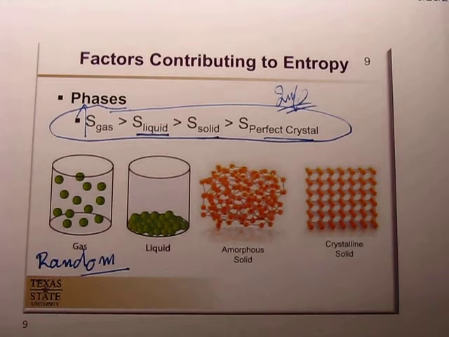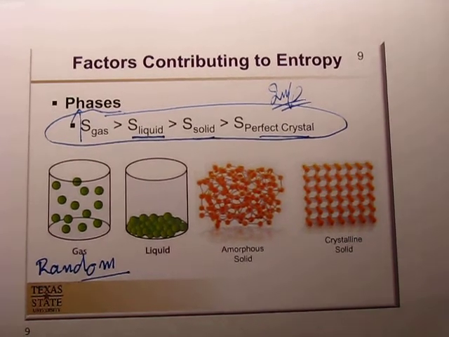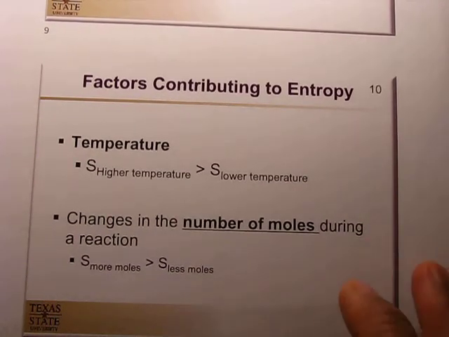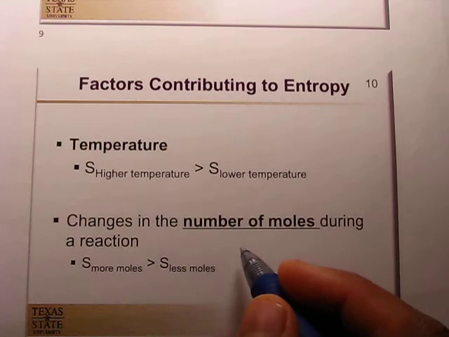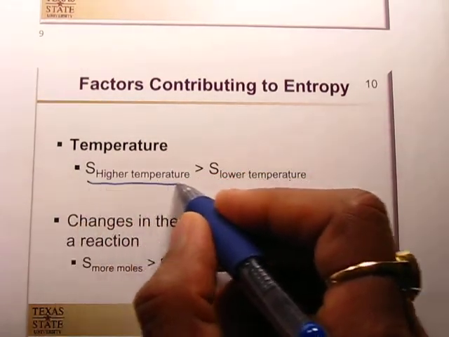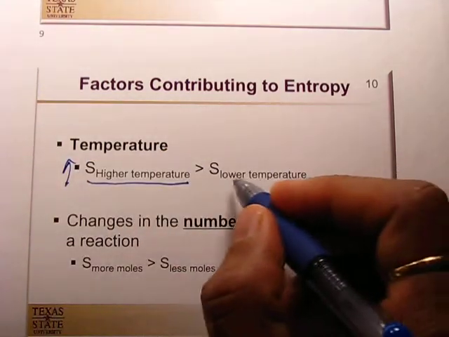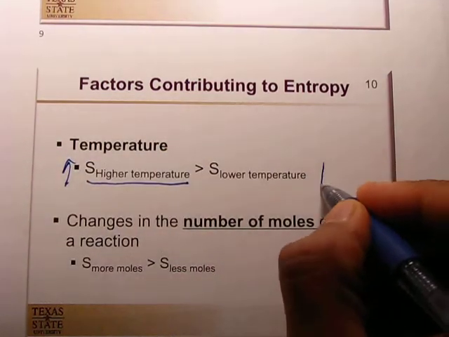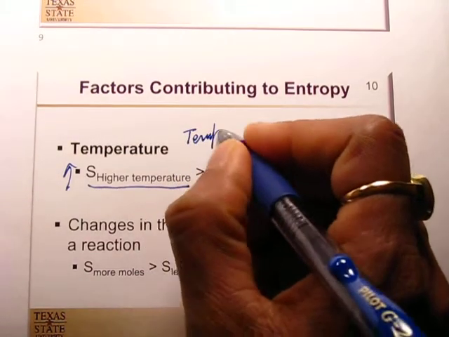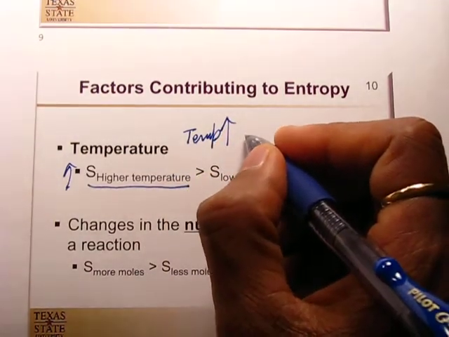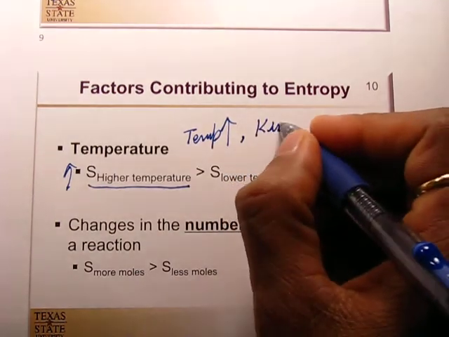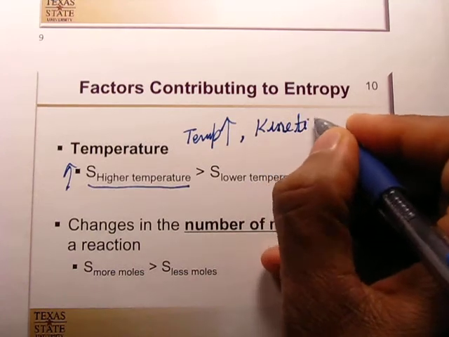So let's see what the main factors are which affect the entropy: temperature and number of moles. If temperature increases, higher temperature means higher entropy, lower temperature means lower entropy, right? If temperature increases, what happens? Basically kinetic energy increases.